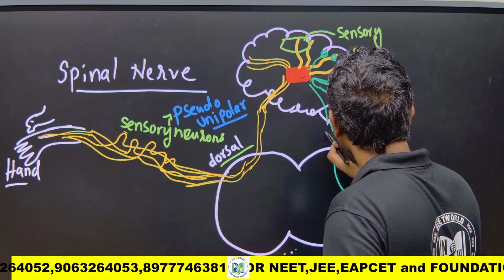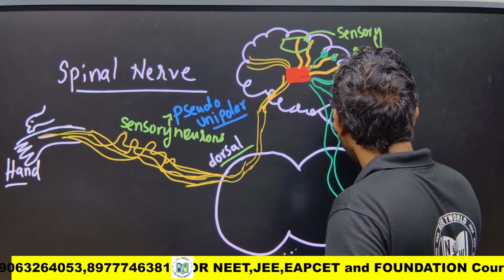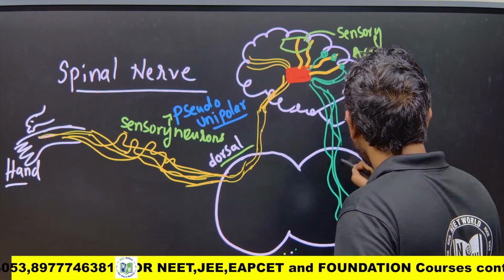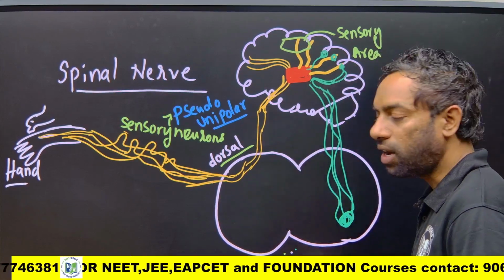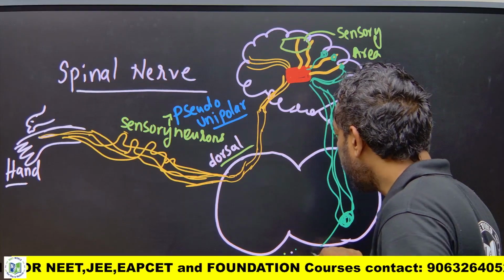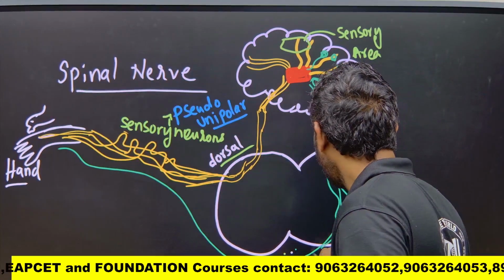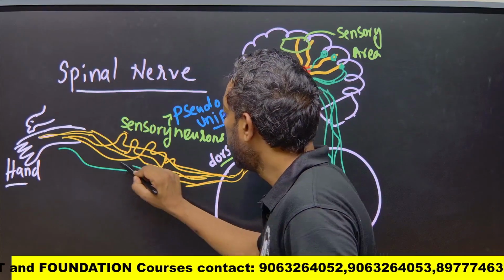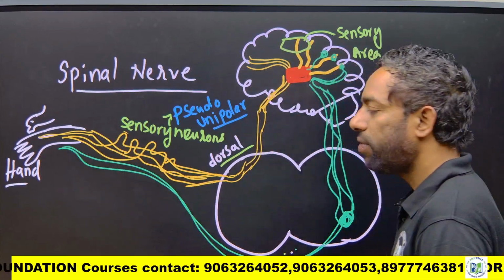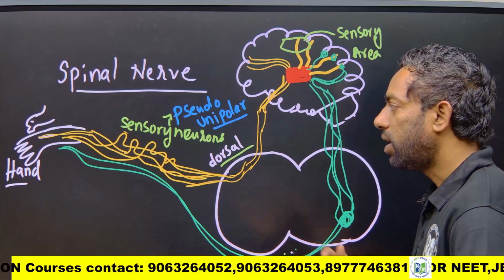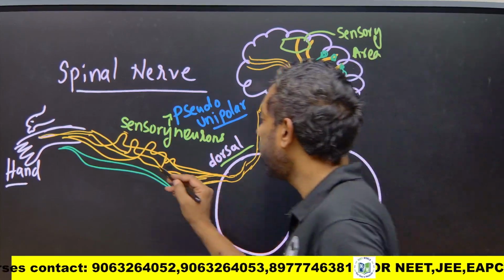They give the signal into the ventral root of the spinal cord, which carries the signal forward to the target.